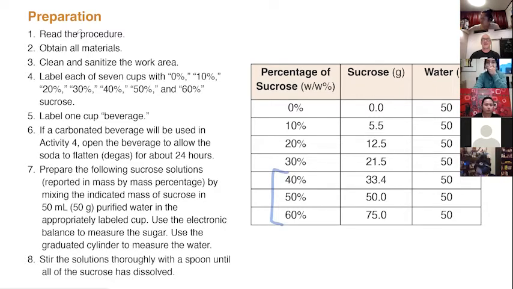And so you may have to heat them gently. So I would suggest microwaving them for like 5-10 seconds at the most, and then stirring them to get them into solution. That last one is going to be a bear. The 60%, that one's tricky to make because that's a lot of sugar in water. That's going to be quite dense.